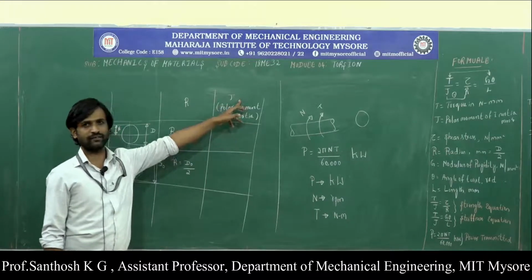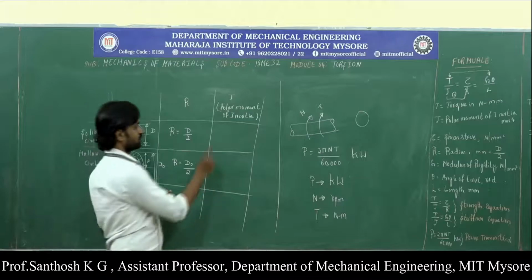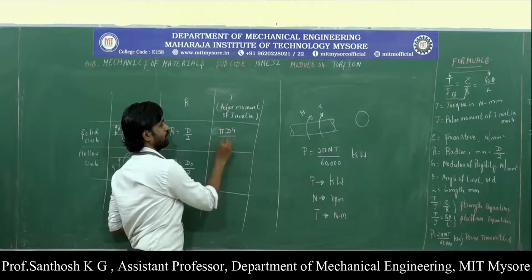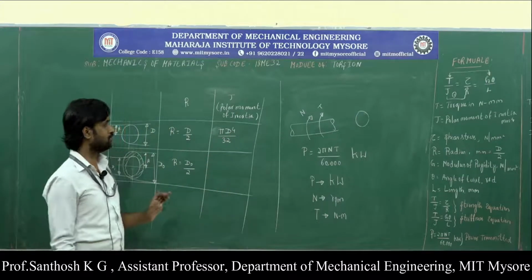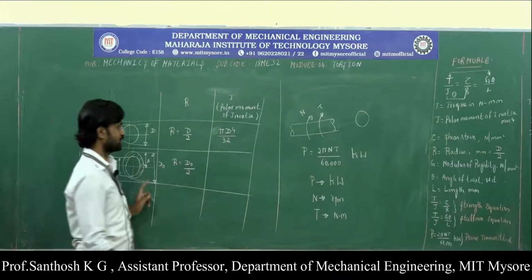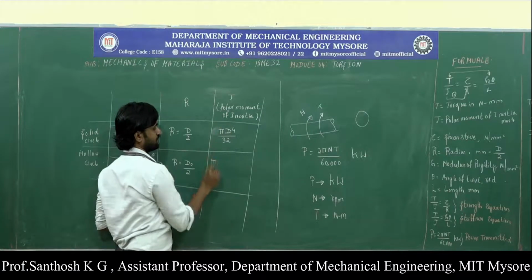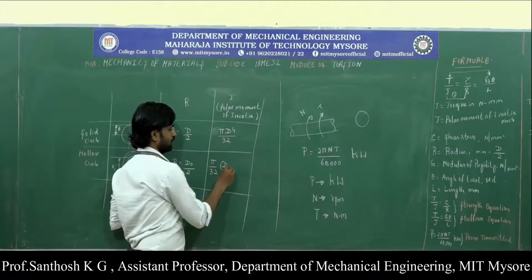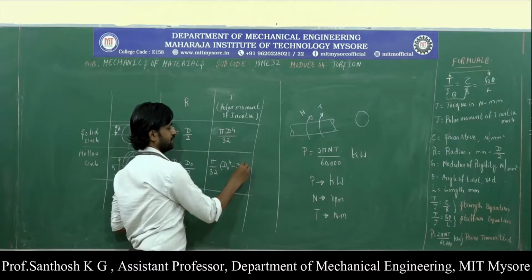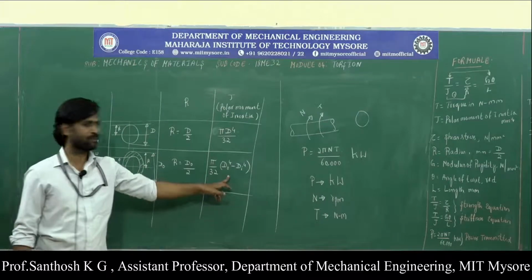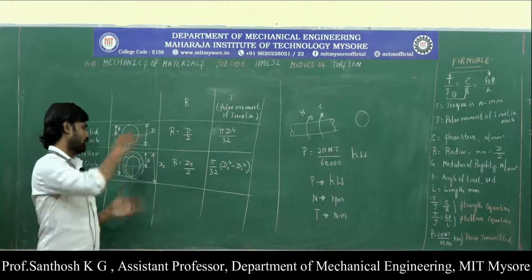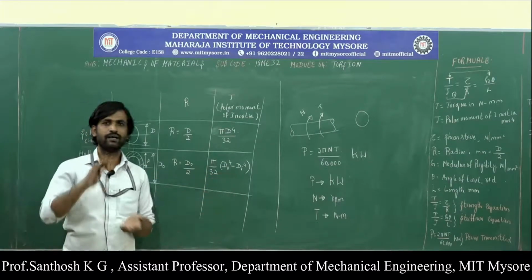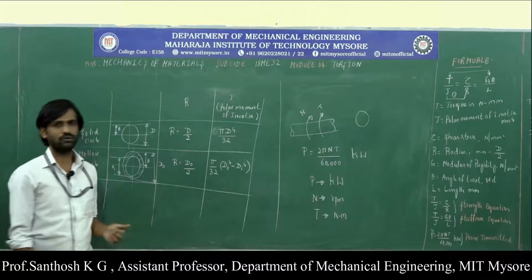Similarly, we can calculate the value of J for the solid cross section by using the formula pi into d to the power of 4 divided by 32, and for the hollow cross section, we can get the value of J by using the formula pi by 32 into d naught to the power of 4 minus di to the power of 4, where d naught represents the outer diameter of the hollow cross section, and di represents the inner diameter of the hollow cross section.